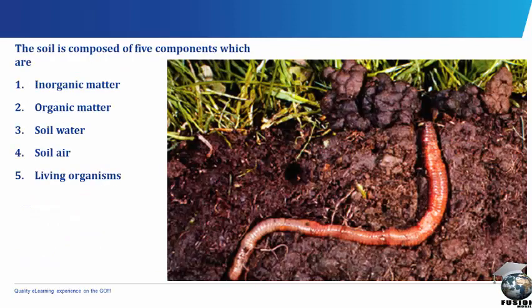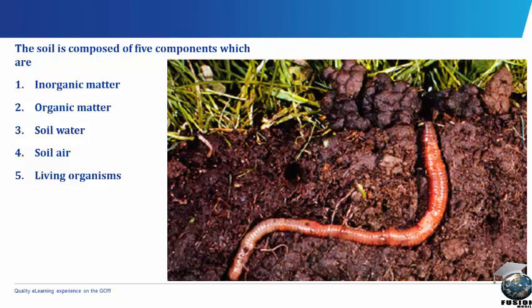The soil is composed of 5 components, which are inorganic matter, organic matter, soil water, soil air, and living organisms. Inorganic, also known as mineral matter, represents small rock fragments of the soil. It forms the bulk of about 45% of total volume of the soil.